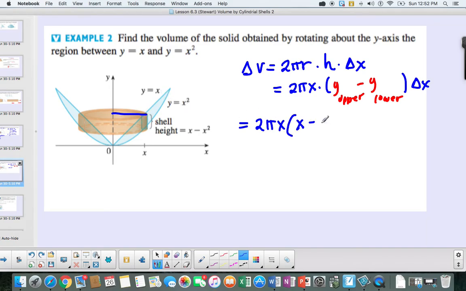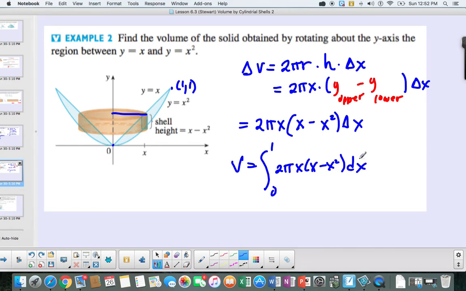Y of the lower is my quadratic, and now I can set up my volume. Remember, go from the very inner shell to the outer, and this point is 1, 1, so it's going to go from 0 to 1, 2 pi x, x minus x squared dx.